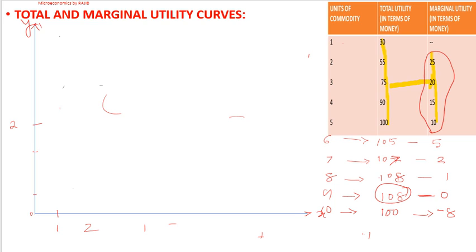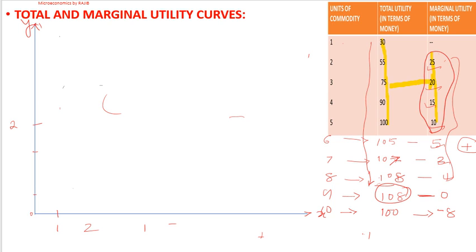Whenever total utility has an increasing trend, till that point marginal utility is positive. That means 25, 20, 15, 10, 5, 2, 1. These numbers are positive because total utility is increasing.